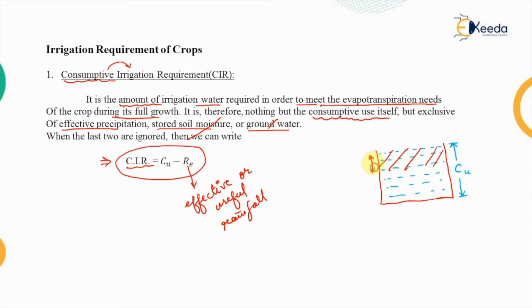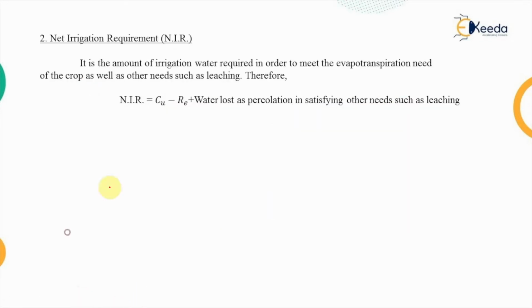Let's say this amount of water was supplied with the help of the rainfall, that means only the remaining portion has to be supplied with the help of the irrigation, and that is known as the consumptive irrigation requirement.